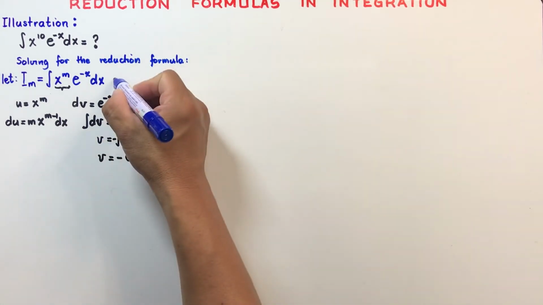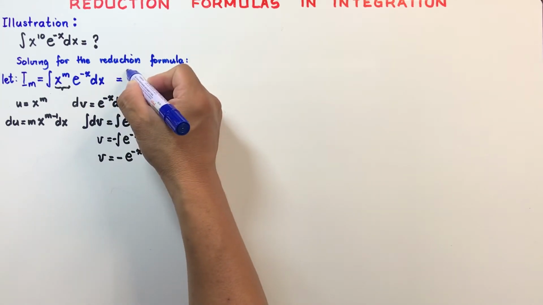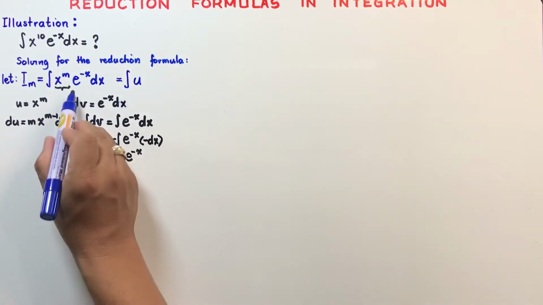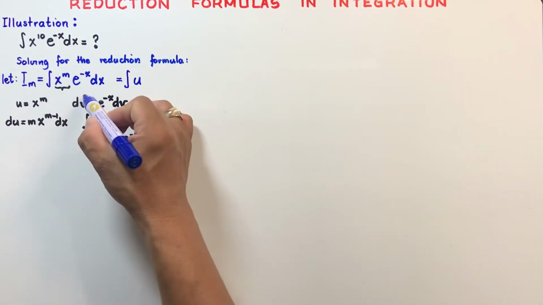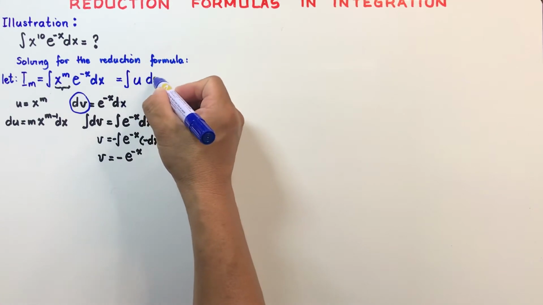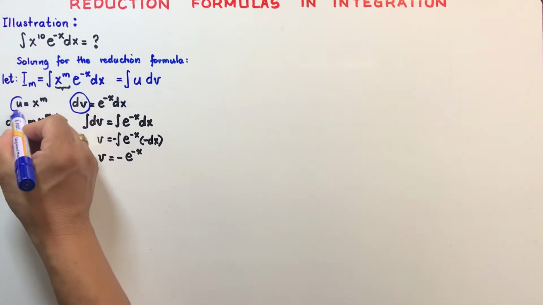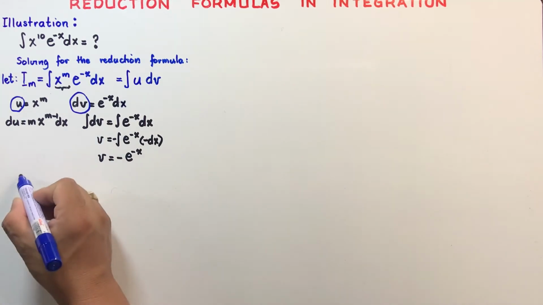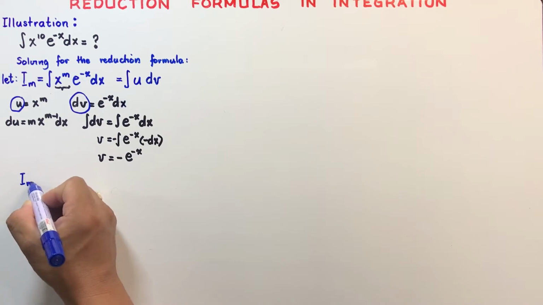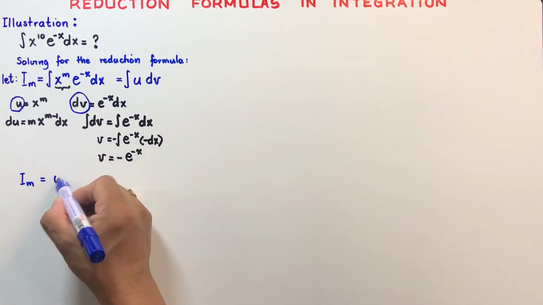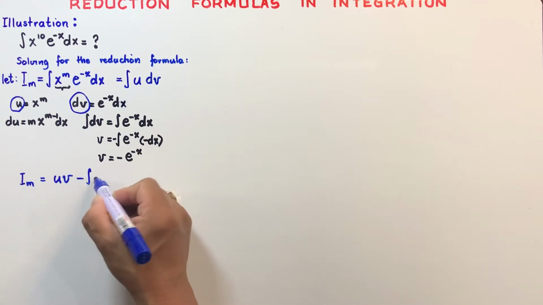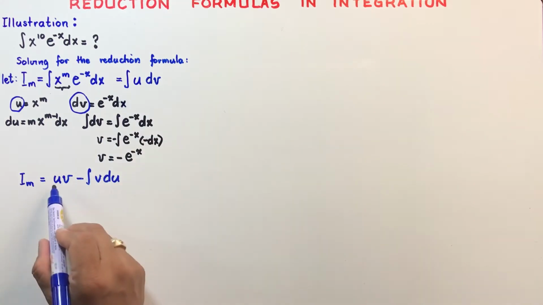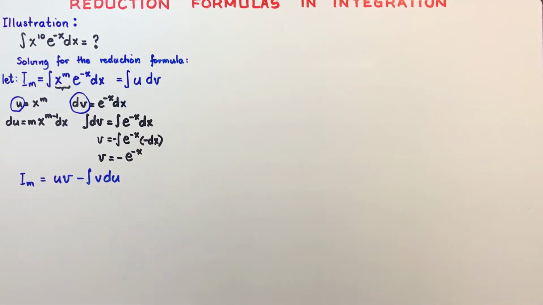So by substitution here, we have this x to the power m as our u and this e to the negative x dx as our dv here. So according to the formula, our I sub m is equal to uv minus the integral of v du, because the integral of u dv is uv minus the integral of v du.